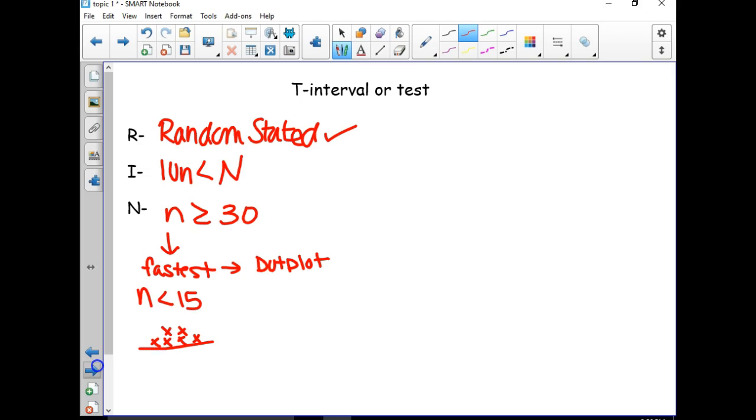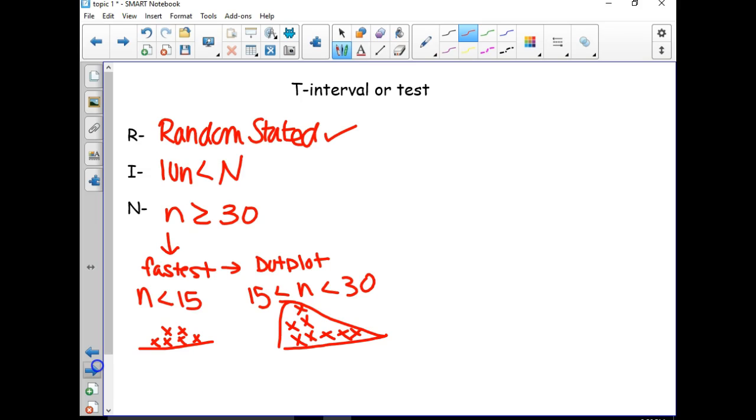And I always tell my kids to use the word symmetric enough so you can proceed. If it's between 15 and 30, it can be skewed. But there should really be no outliers, okay? So we can have it skewed, but no outliers. And then if it's above 30, we don't care. And why is that?